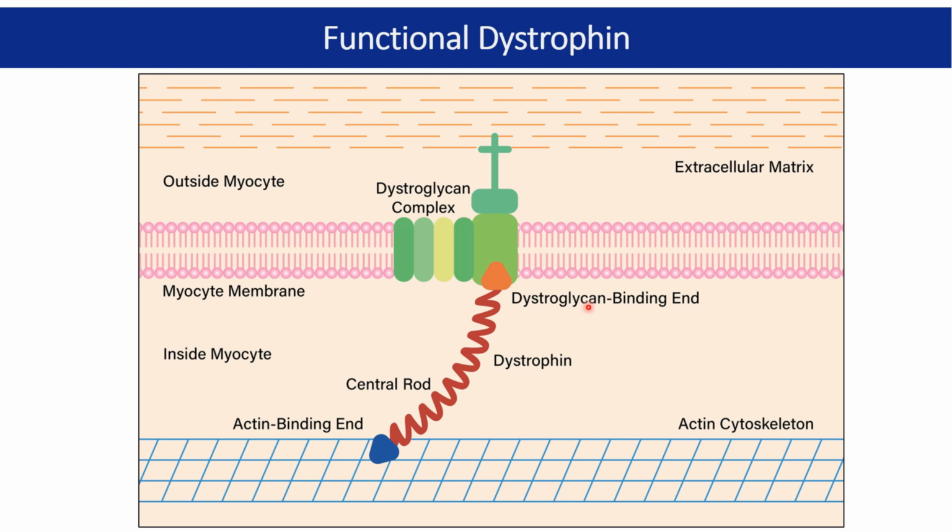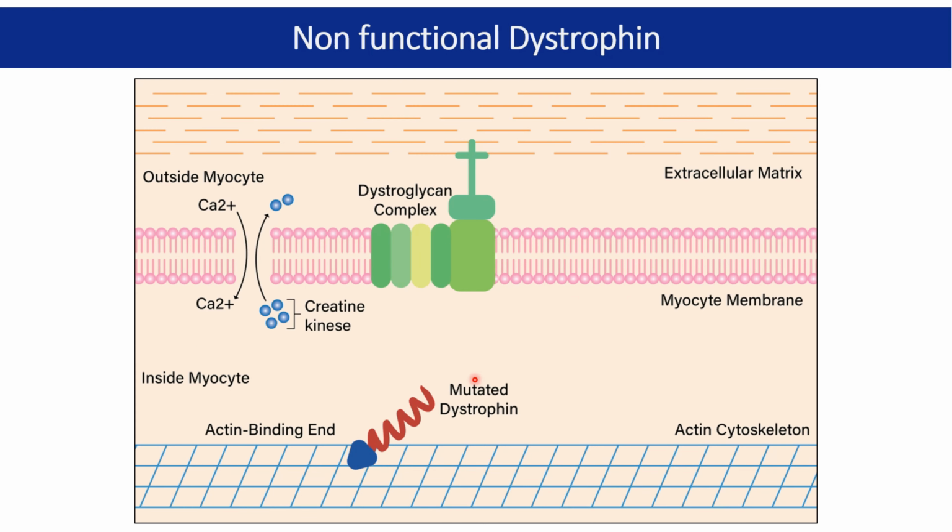So this is the sarcolemma membrane, and this is the outer matrix, and this is how dystrophin helps to prevent any mechanical damage to the membrane, by attaching the dystroglycan complex to the matrix, and through the actin binding end it is binding to the cytoskeleton.